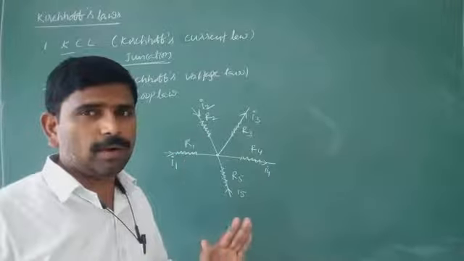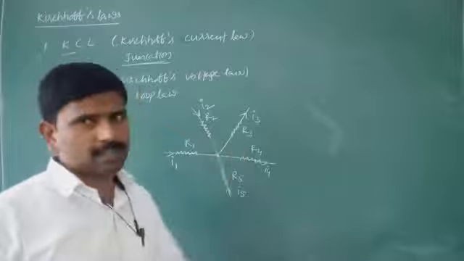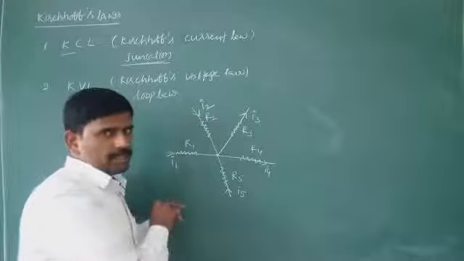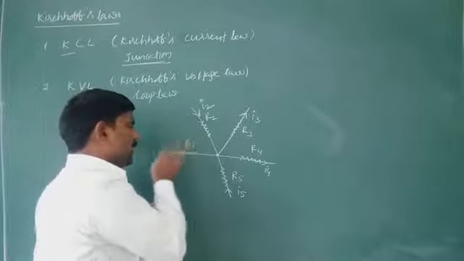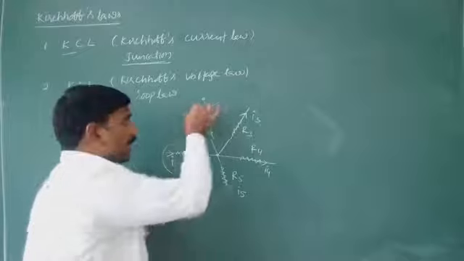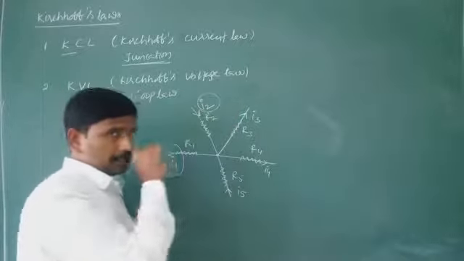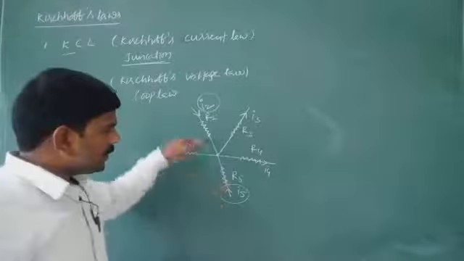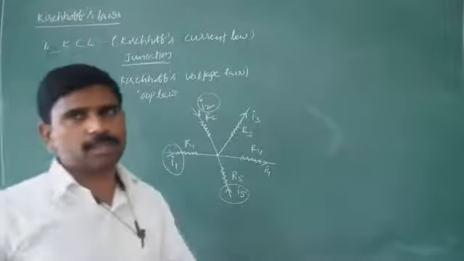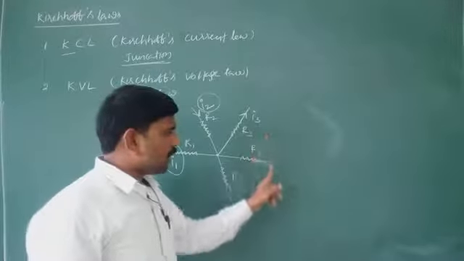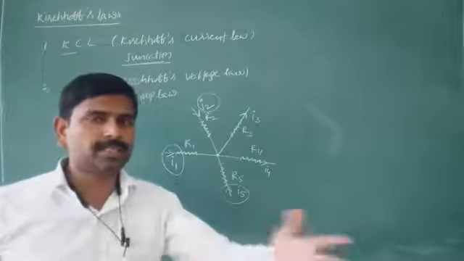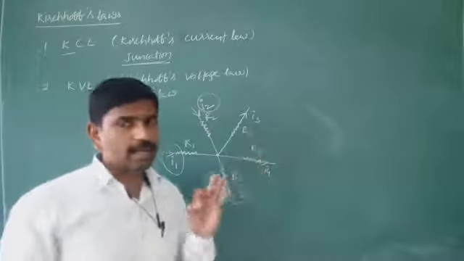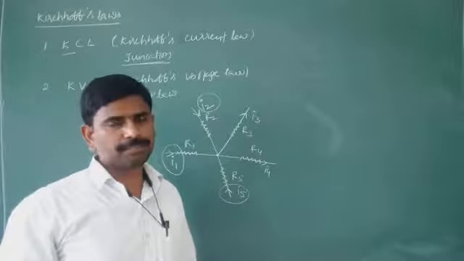I1, I2 and I5 are the currents entering the junction. I3 and I4 are the currents leaving the junction.